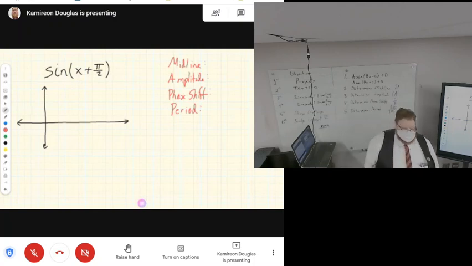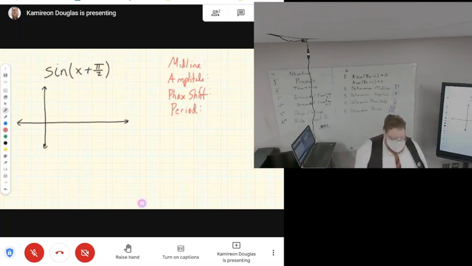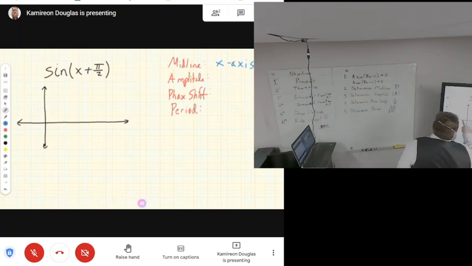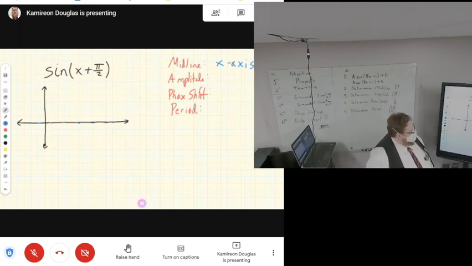Midline. This function, where's the midline? It's 0. So it'll be on the x-axis. Remember, for 0, it's on the x-axis. Anything else, it's above or below the x-axis. So that means the middle of this function is going to be right on the x-axis.